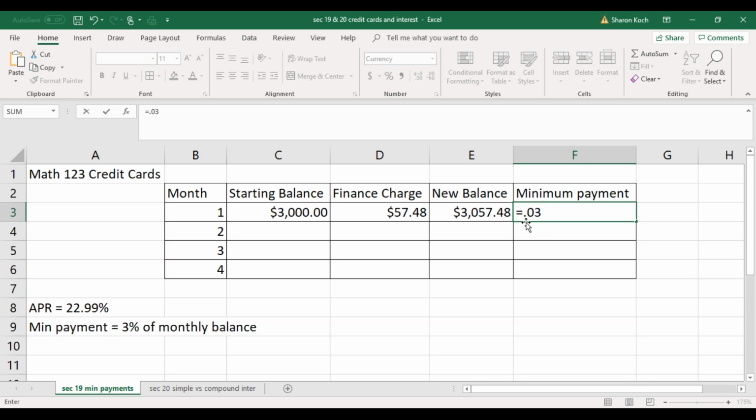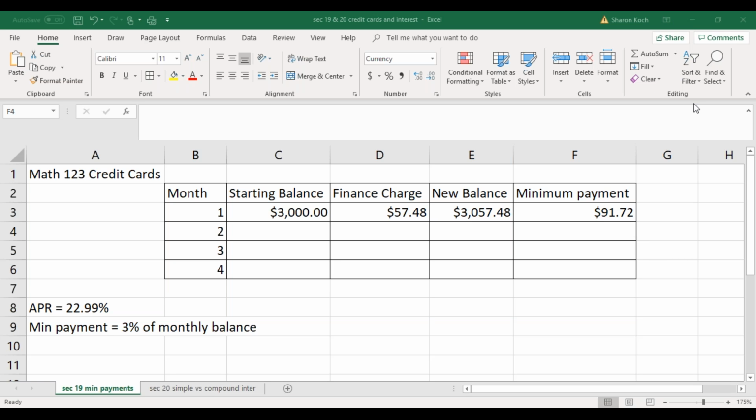So 3% is 0.03 times, remember my minimum payment is 3% of that new balance. So whatever number is in column E there, and I'm going to hit enter. And then you can see here's my $91.72.